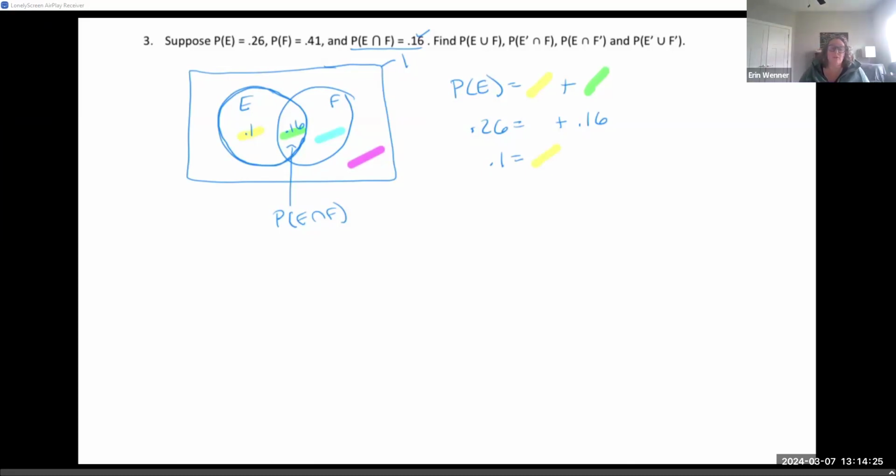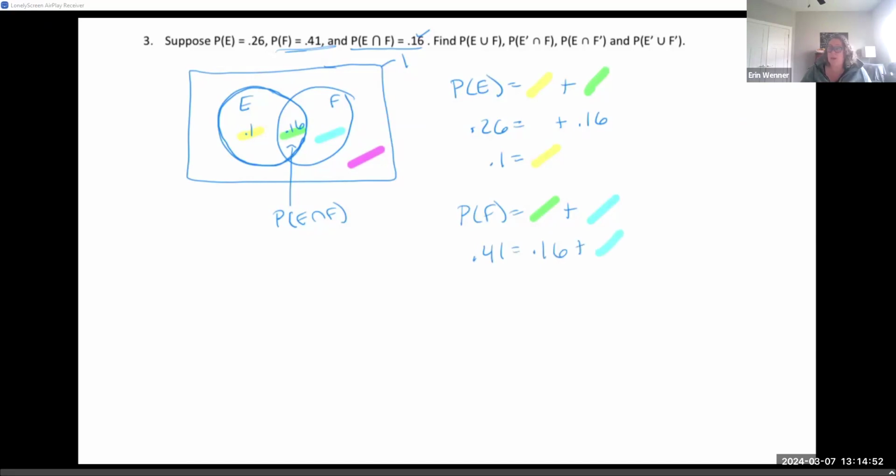Again, the same idea for the probability of F. The probability of F is going to be our green space plus our blue space, right? We know that the probability of F is 0.41. We know the green is 0.16, but we don't know what that blue space is.